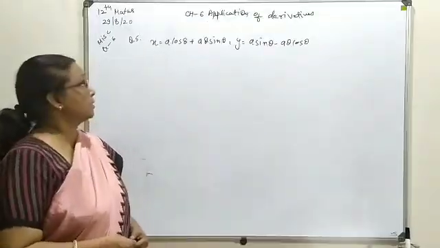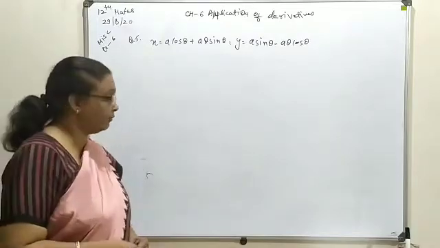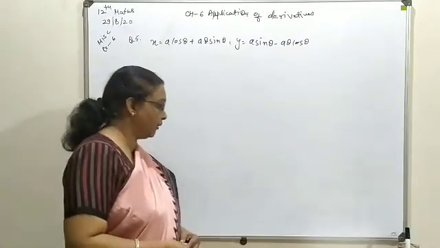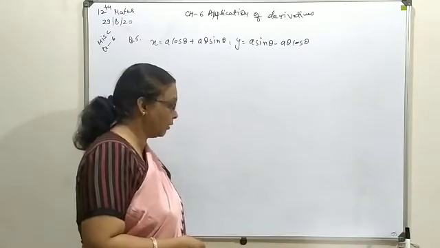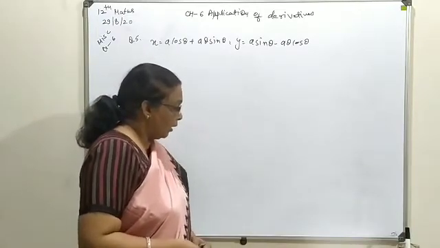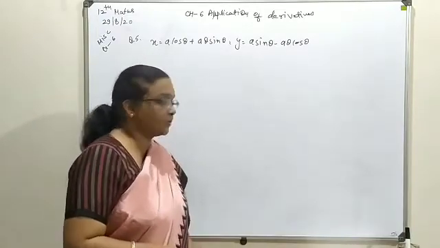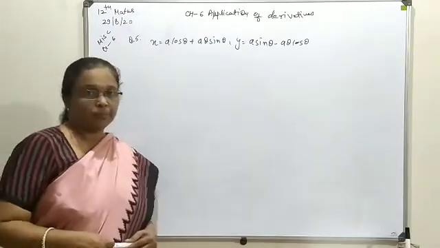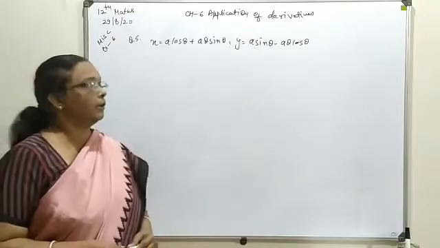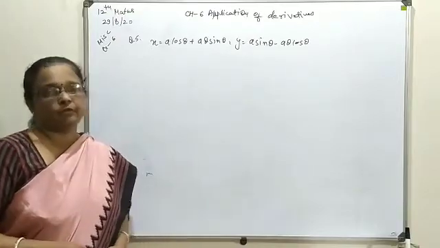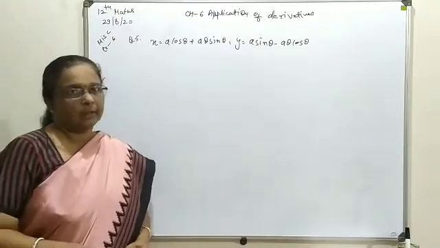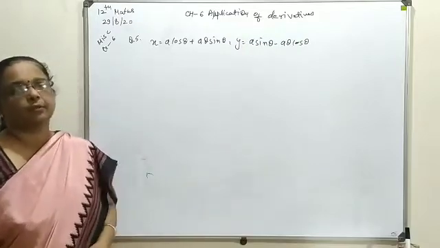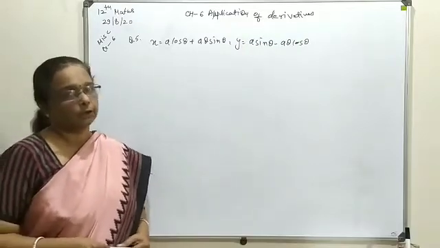Now we are going to discuss the next question, question number 5, in which you have to show that the normal at any point theta to this curve is at a constant distance from the origin. First we try to understand the meaning of the question. Here these 2 points are available to you. So first we have to find out the equation of the normal, and for that purpose first of all we require the slope of the normal.